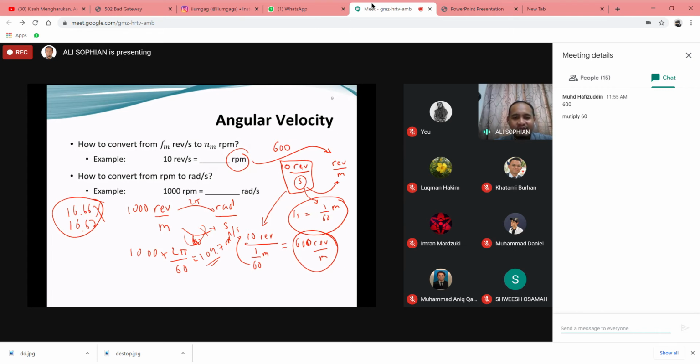You need to multiply by 2 pi or divide by 2 pi, multiply by 60 or divide by 60, and you can easily make mistakes. So be careful, although it's simple. I think you all understand the principle of how to do this calculation. Let me know if you have any question.